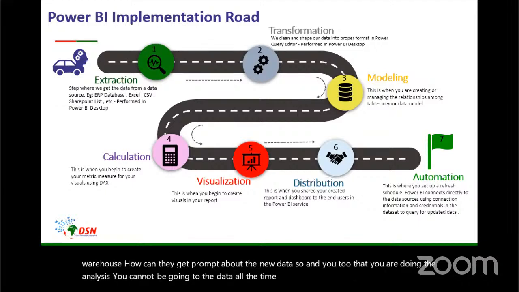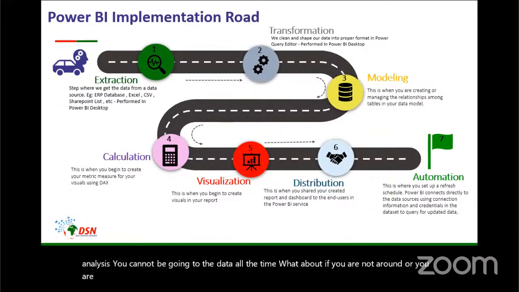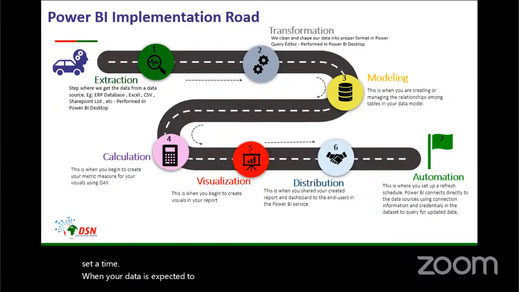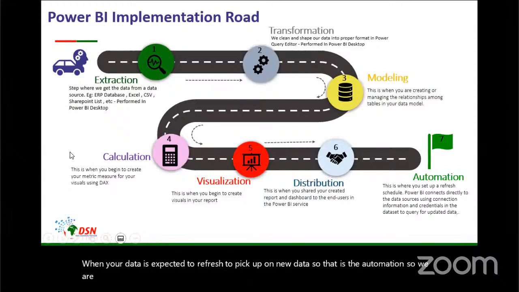What if you are not around or not close to your laptop? So you need to create automation, a process whereby you set a time frame when your data is expected to refresh to pick up new data. So that is the automation. We are going to be going through from step 1 to step 7 today.